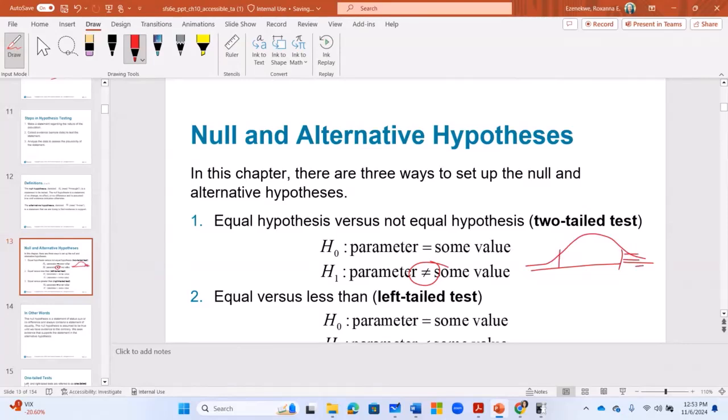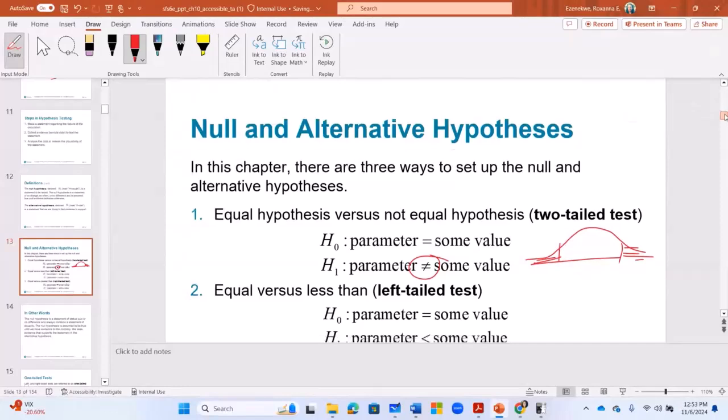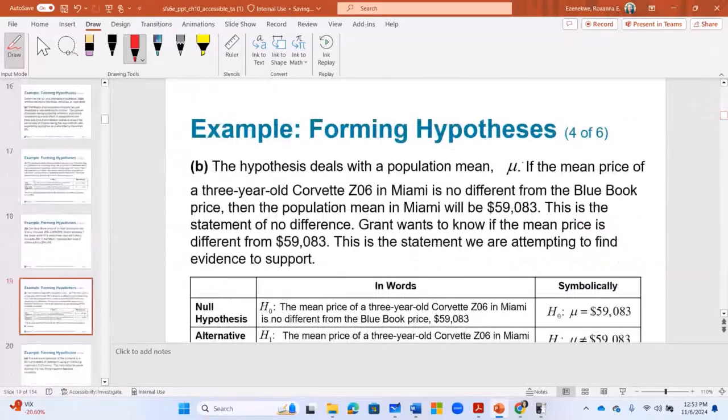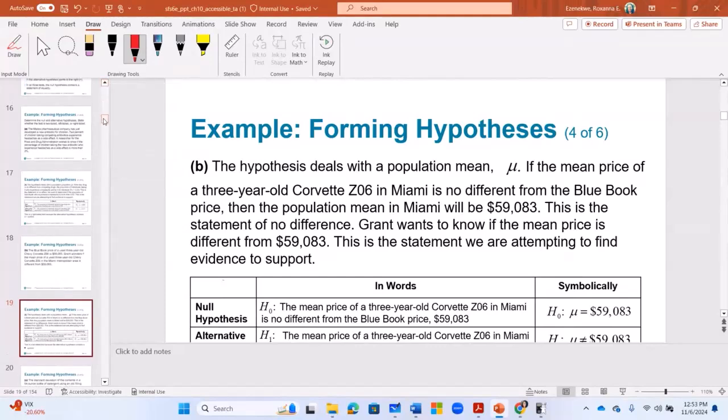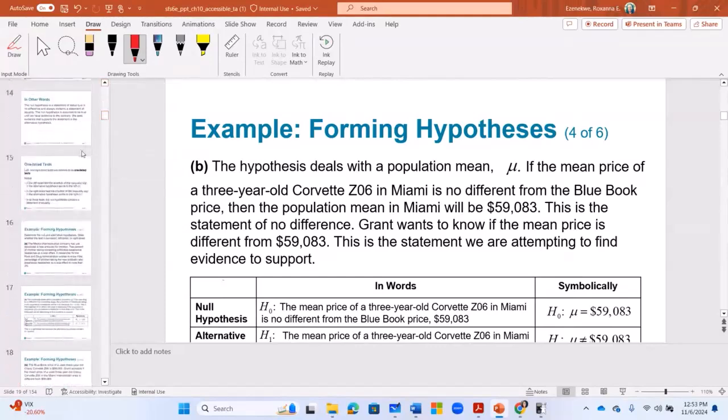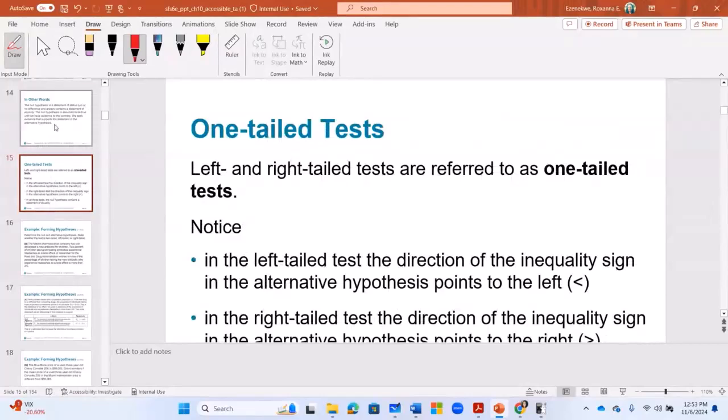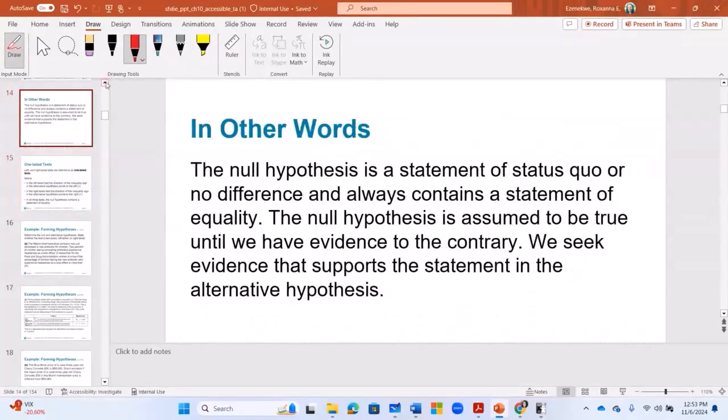It depends on what the claim is saying. If the person claims that it is to the right, then you make sure that you draw the normal curve and critical value that fits the claim.